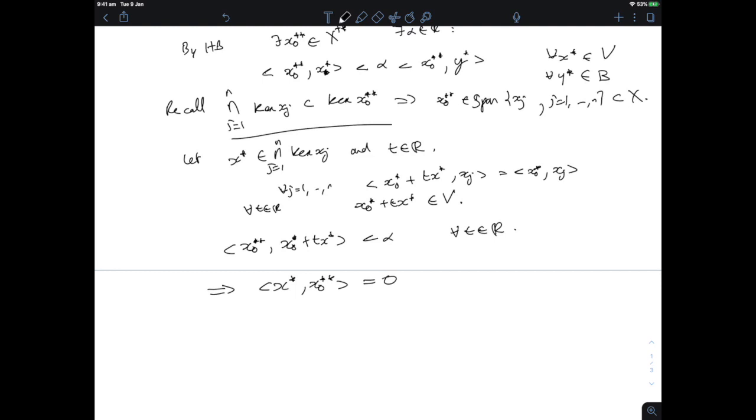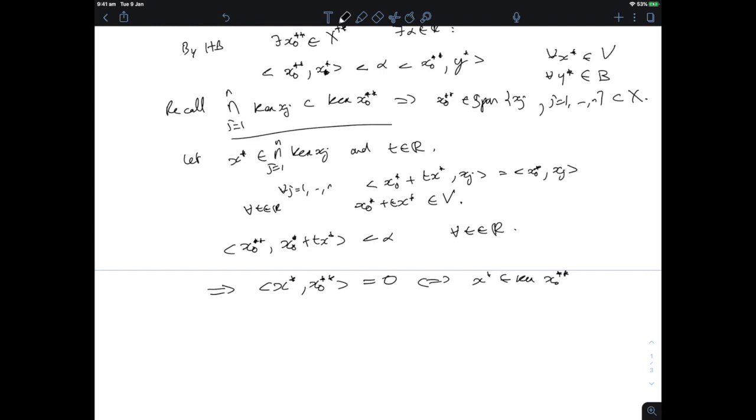Because if it were not 0, it can be positive or negative, and by taking t positive or negative large enough, you would contradict this inequality. So this can only happen if x star tested on x naught double star is 0, and that is exactly saying, of course, that x star is in the kernel of x naught double star.